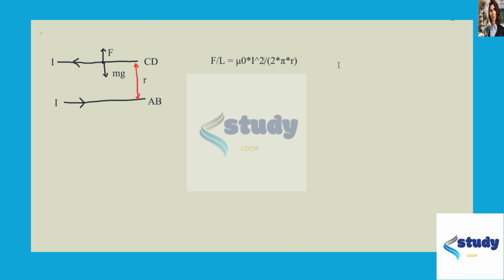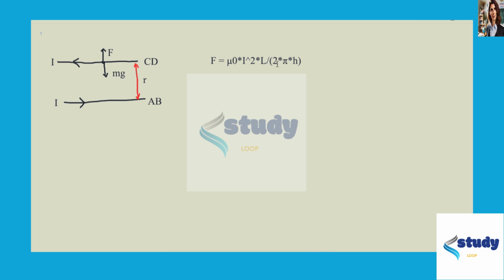And then the distance r that's going to be separated by the two of them, this is ultimately, at equilibrium, going to be our height h that we want. So we're going to try to eventually solve for h, but this is what we want. Now we want to just get F by itself, so let's bring over the factor of L, multiply by L on both sides, and bring that in over here.